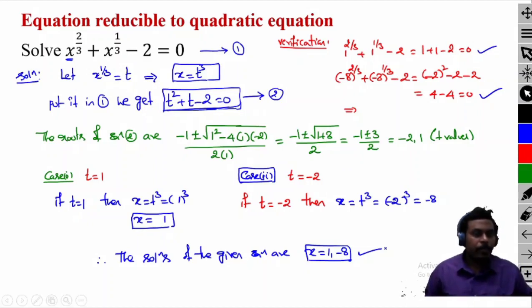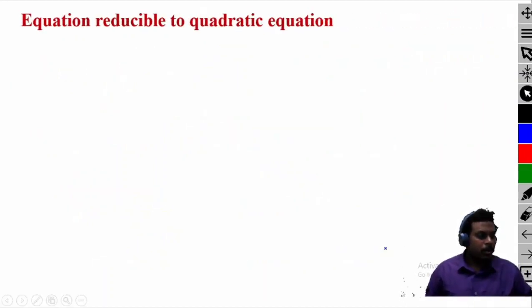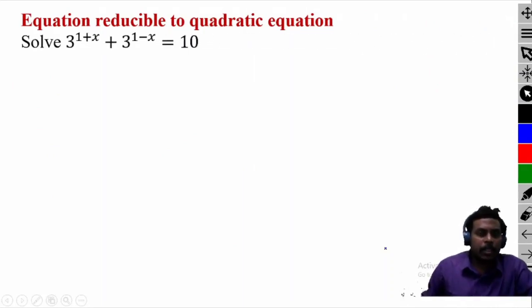Right. Now let us solve one more equation which can be solved with the help of a quadratic equation. Here is the question. Let us try to solve this particular equation.